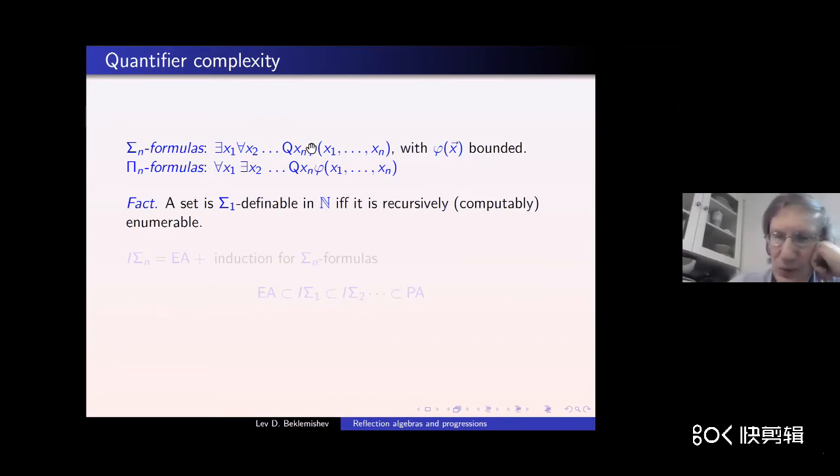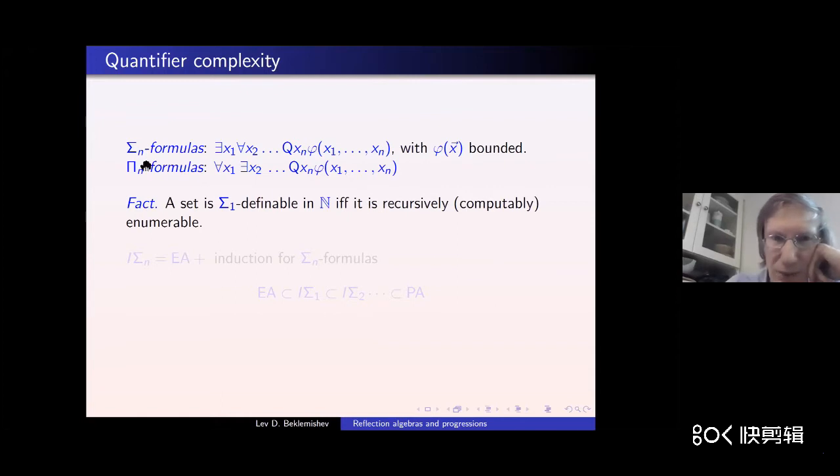In the language of formal arithmetic, one considers the following classes. As a minimal class of formulas, which is denoted sigma 0 or pi 0 or delta 0, one considers bounded formulas. And then adding unbounded quantifiers on top of bounded formulas yields classes of sigma n formulas or pi n formulas.